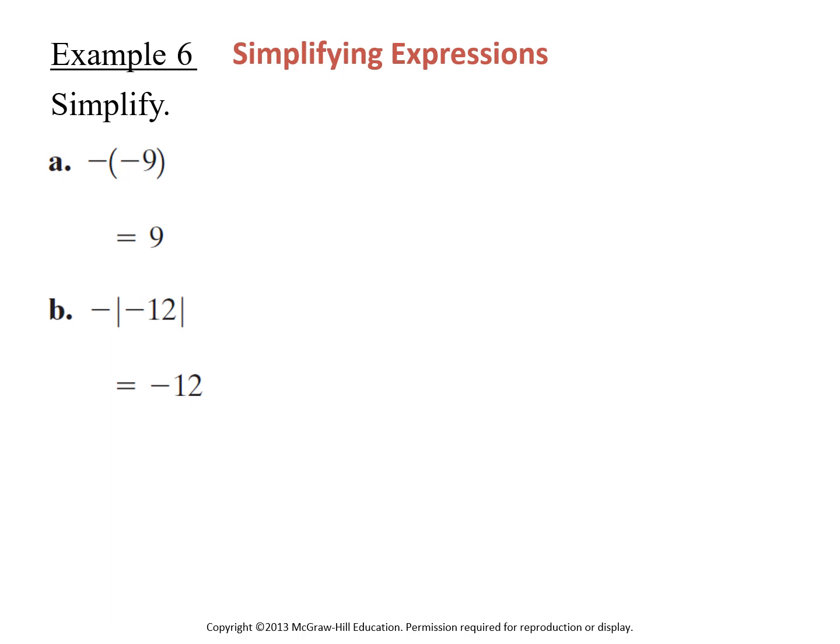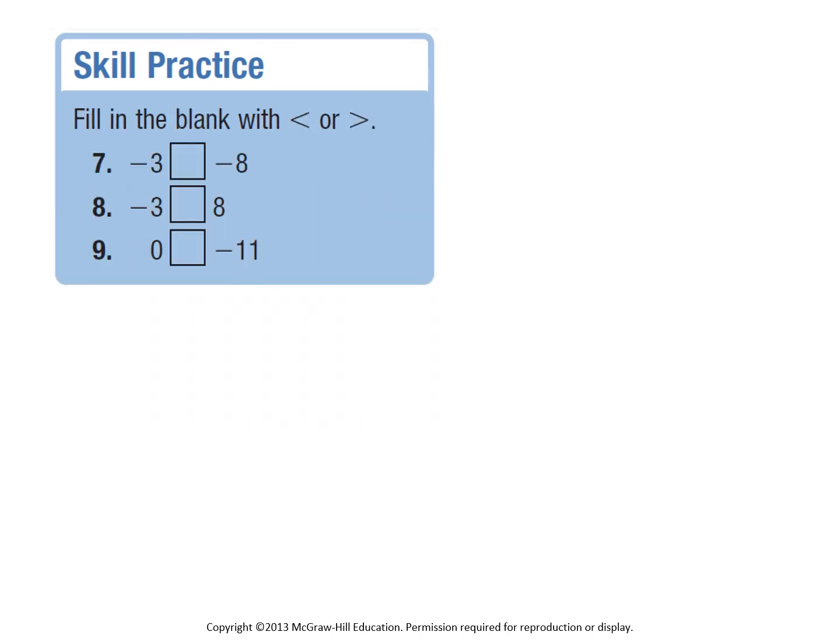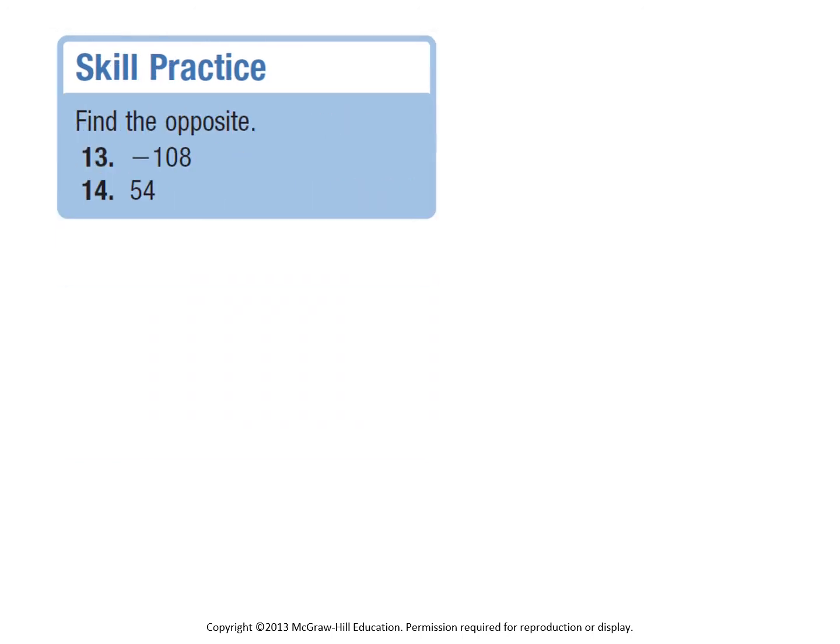Now these are different, where this is just parentheses around the negative 9, and this is the absolute value symbol around the negative 12, so it's going to be different. Here we have the opposite of the absolute value of 7, so that's going to equal negative 7. Here's a skill practice for you to try, and you're going to write these out on paper and submit them.